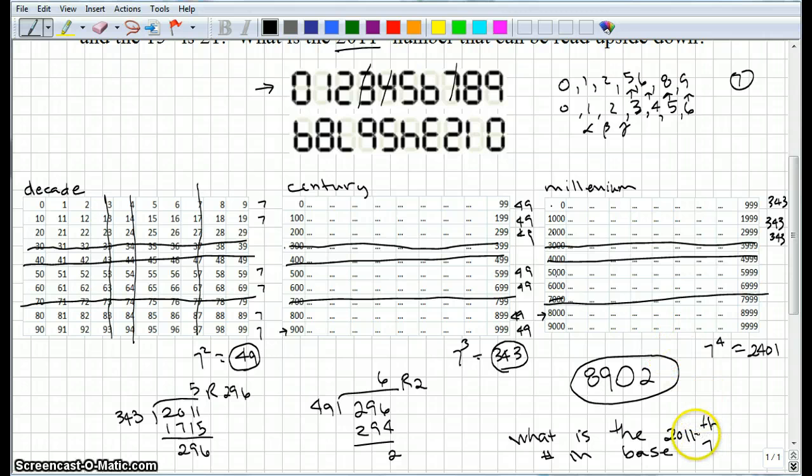An equivalent to that would be, what is 2011 in base 7, okay.